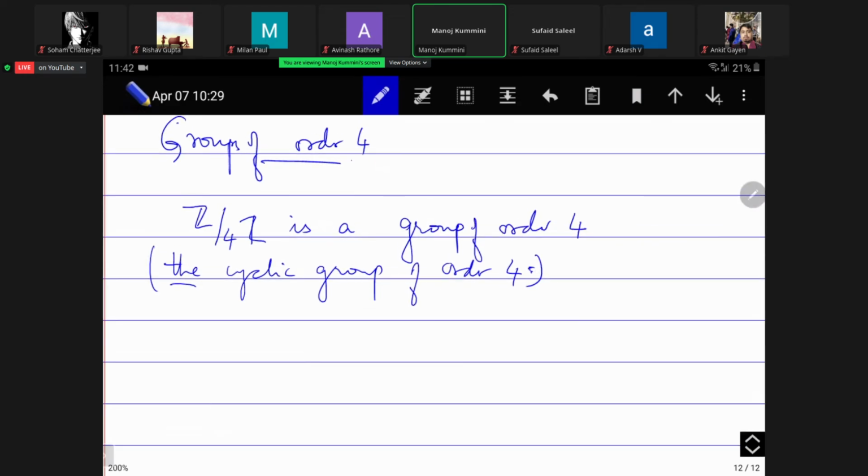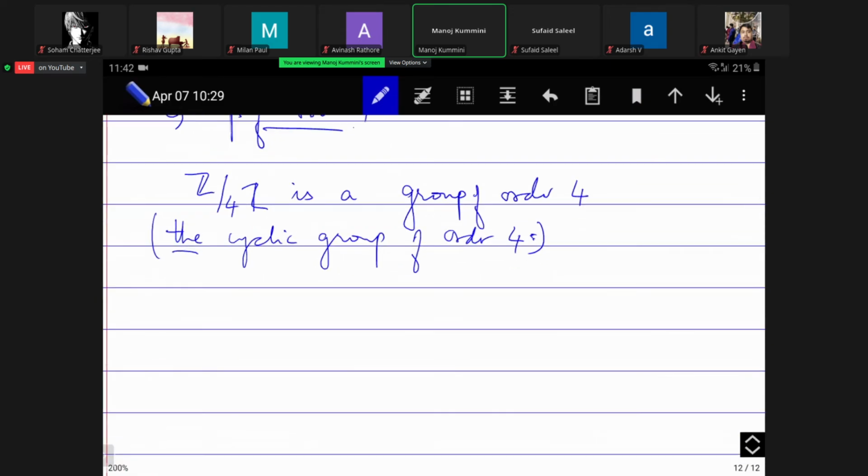Okay, so groups of order 4. But what characterizes this? Let G be a group of order 4.